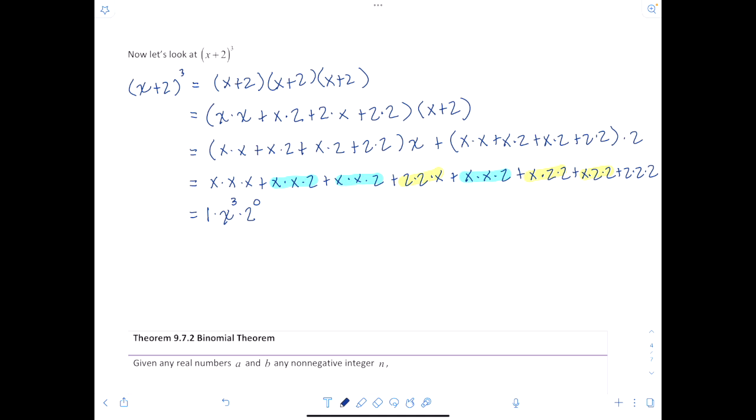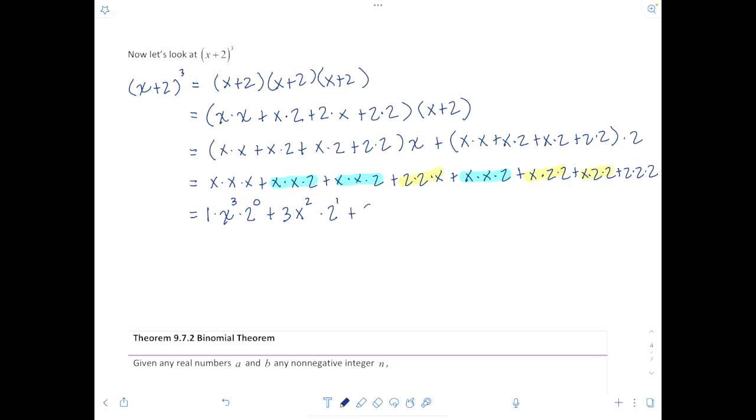And then we had 3 of the x to the 3 minus 1 times 2 to the 1. So do you see how the power of 2 is increasing and the power on the x is decreasing?